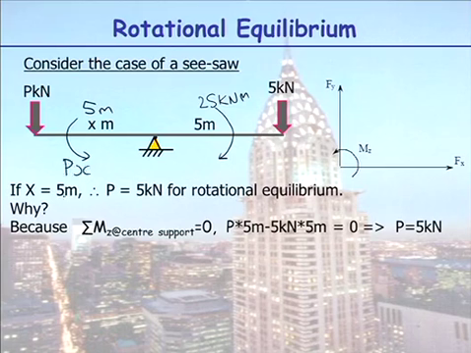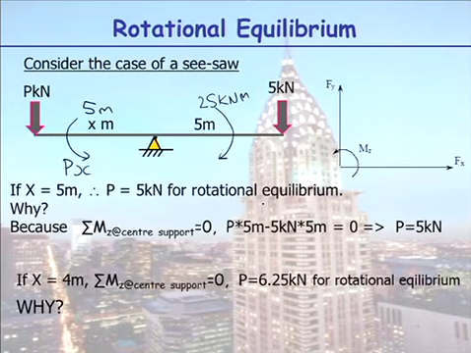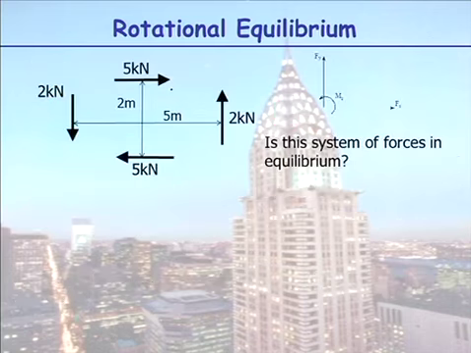So if x is 5 metres, p would be 5 kilonewtons. If x becomes 4, so if the moment on this side now is p times 4, well, that has to equal 25, so you could work out the value of p. So there's nothing terribly difficult about any of this.